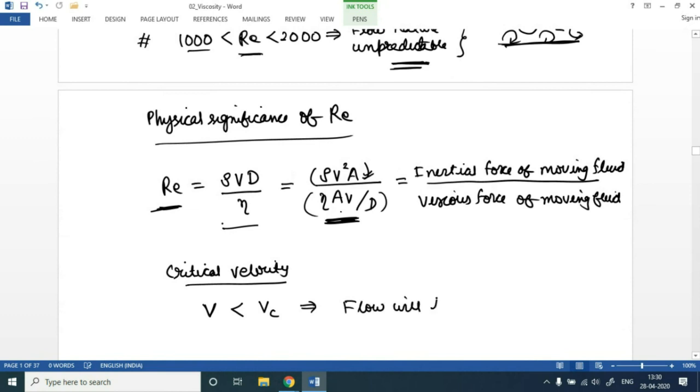And if V is greater than the critical velocity, flow will be turbulent. This critical velocity you can find out if you substitute the critical value of Reynolds number in the design parameters.